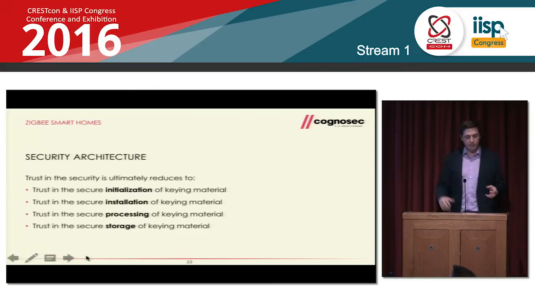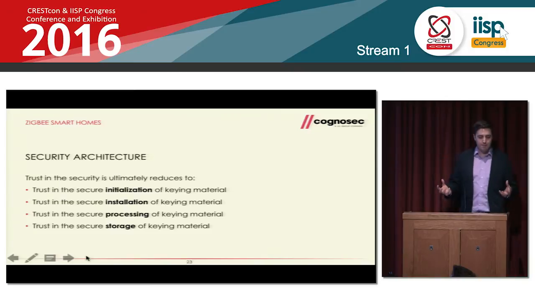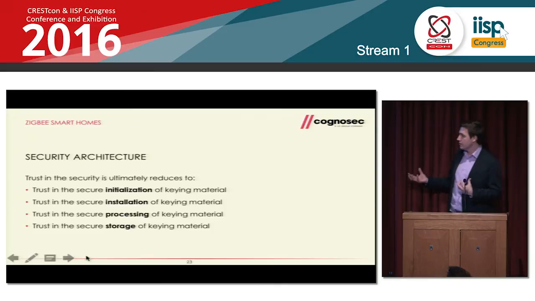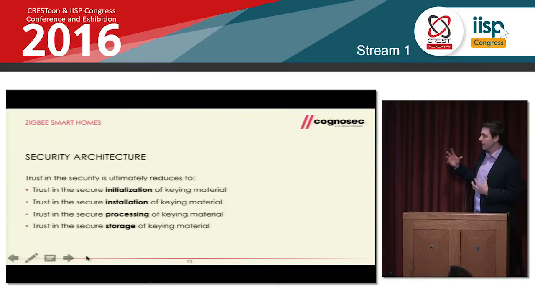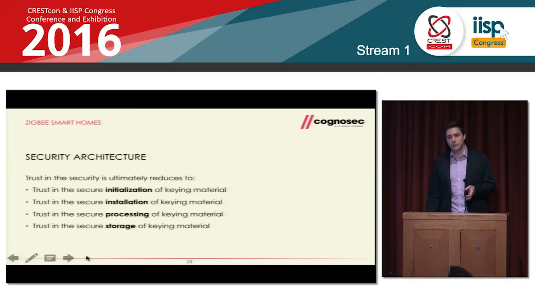Again, the trust and security is just reduced to the key material. I just want to talk about the initialization and installation of the key material. There is a lot of research out there on the security of the storage of key material, done by Travis Goodspeed.